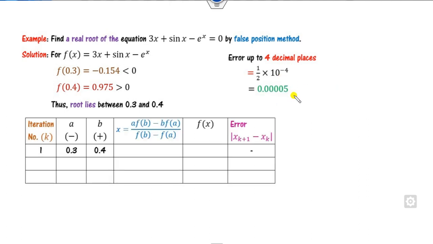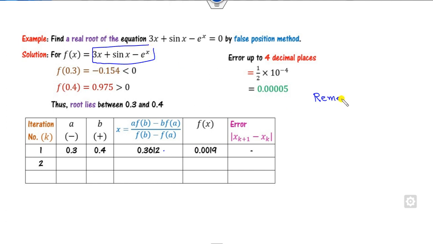Fine. Now you can take the table 0.3, 0.4. 0.3 is negative, so you can take a negative and positive. Substitute the values a, b, f of a, f of b here, you will get the value of x, this one. And substitute this value here, you will get this.